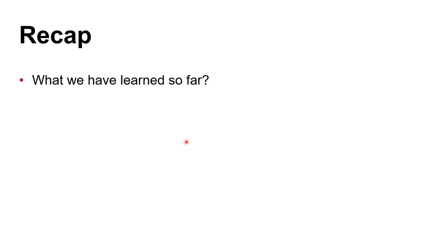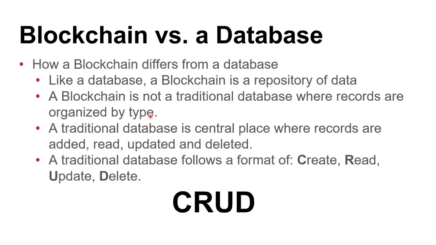We looked at an introduction to blockchain and applications such as Bitcoin. And we looked at private and public blockchains. So now we're going to look at something that comes up quite often: blockchain versus a database. How do they differ, and how are they similar?